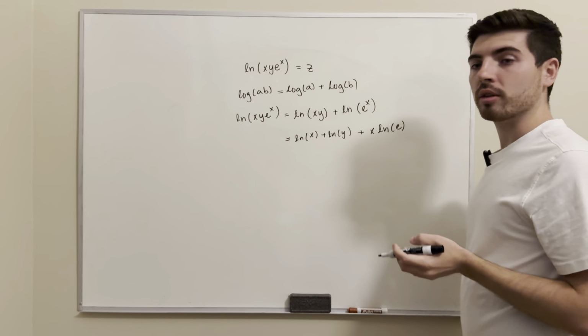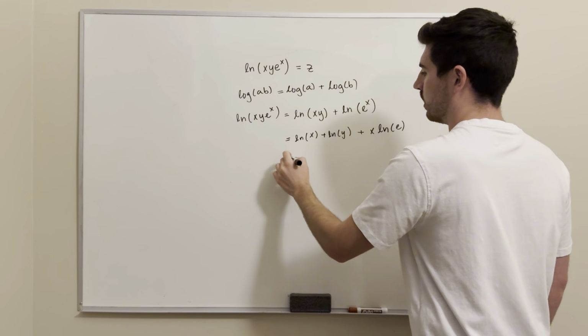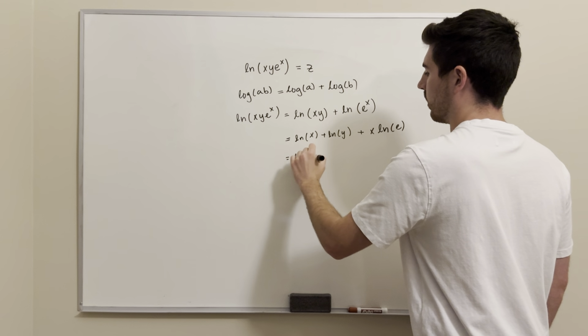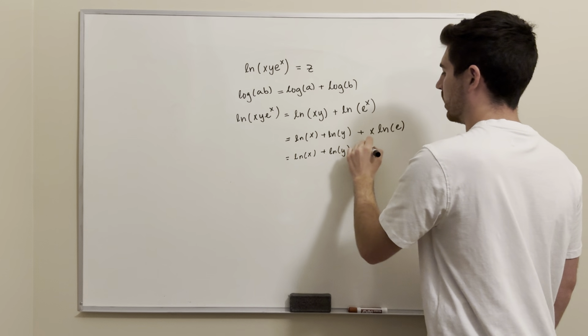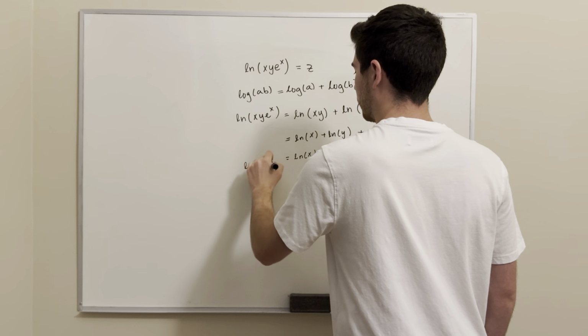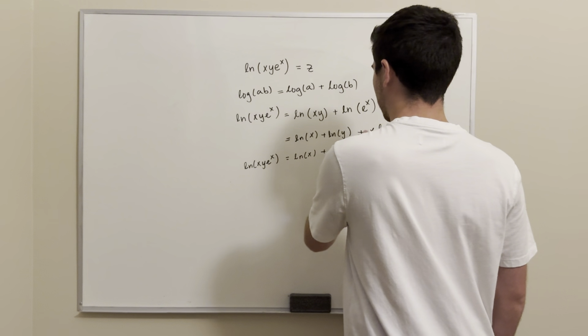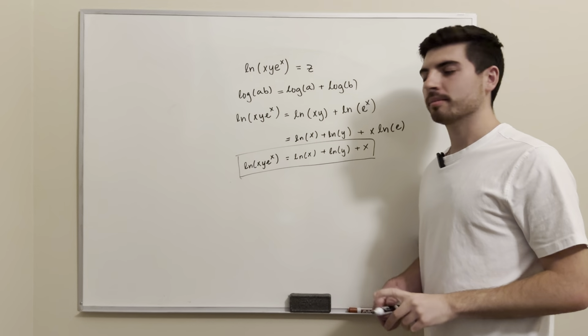We know from earlier in the video that the natural log of e is 1. So now we can write the natural log of x plus the natural log of y plus x. And that's our answer.